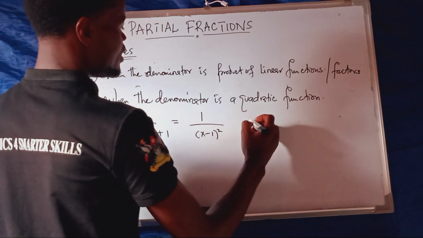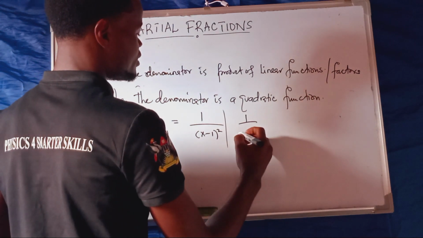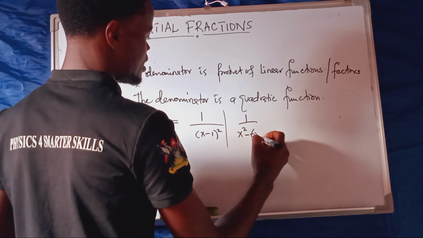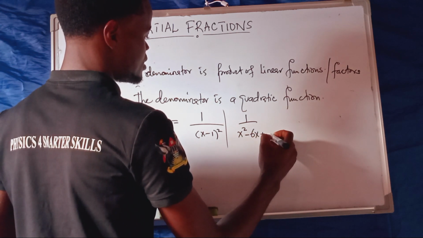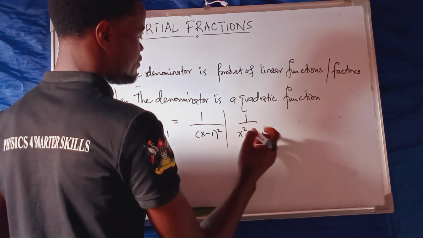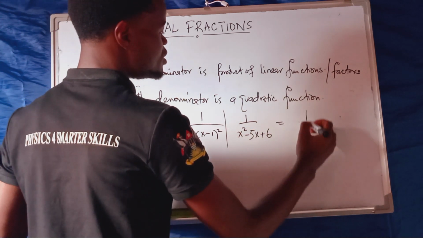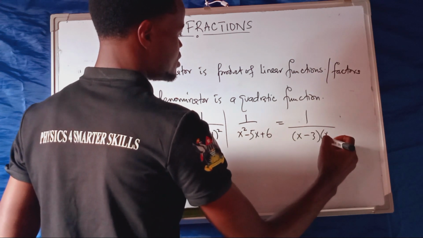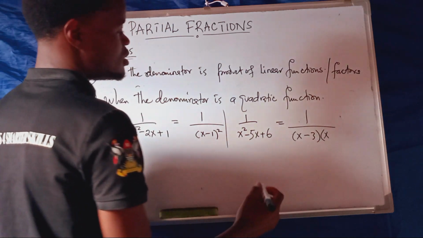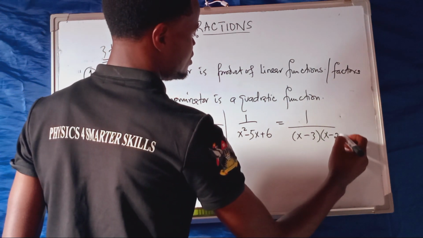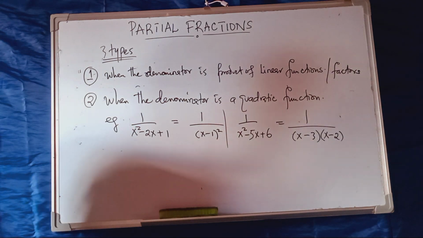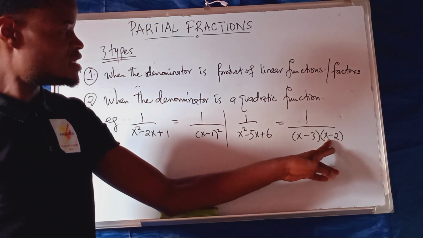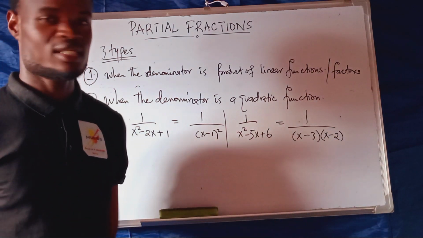Maybe I can try 1 over x squared minus 5x plus 6, which reduces to (x minus 3)(x minus 2).